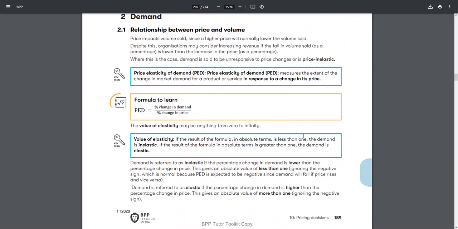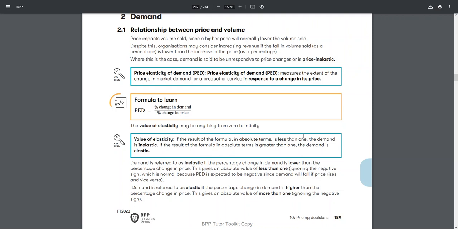The first thing we look at is price elasticity of demand, which simply means: is demand affected by the price change or not? If it is affected, is it affected more or less? If it is affected more, we say it is elastic. If it is affected less, we say it is inelastic.